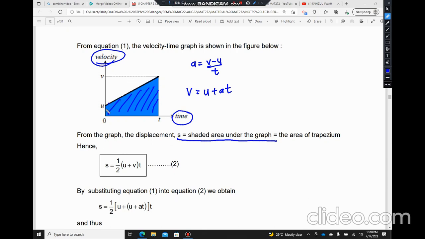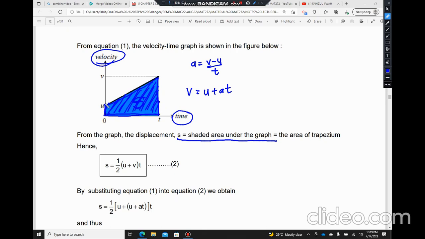Tadi kita dah tengok luas bawah graph bersamaan dengan displacement s. S ni maknanya luas kawasan berlorek ataupun luas bawah graph. So dia sama dengan the area of trapezium, sebab bentuk dia ni adalah trapezium.